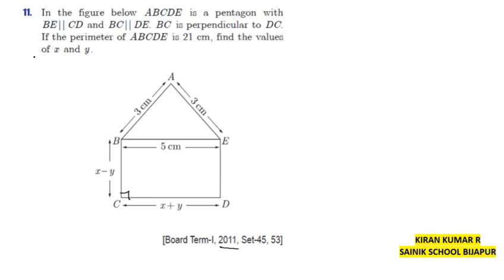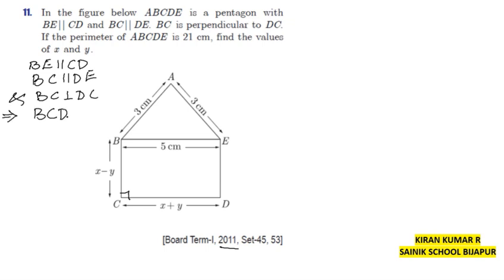They have given that BE is parallel to CD, and they have also given that BC is parallel to DE. These are the opposite sides, and they have mentioned that BC is perpendicular to DC. This implies BCDE is a rectangle.